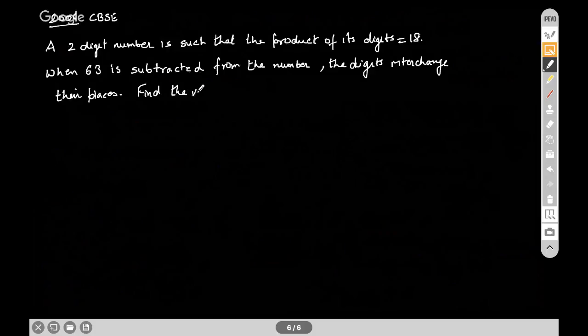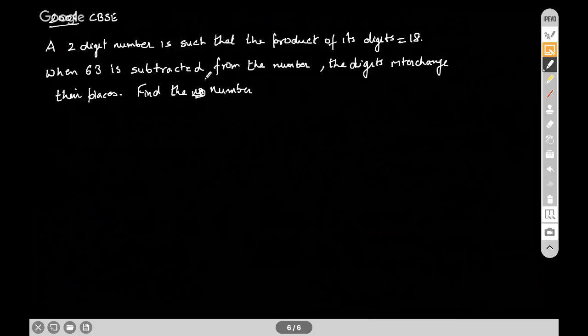Read the question once again so that you don't make a mistake. The question says a two-digit number is such that the product of its digits is 18. When 63 is subtracted from the number, the digits interchange their places. Find the number. Now, this is interesting. Interchanging of the digits, right?